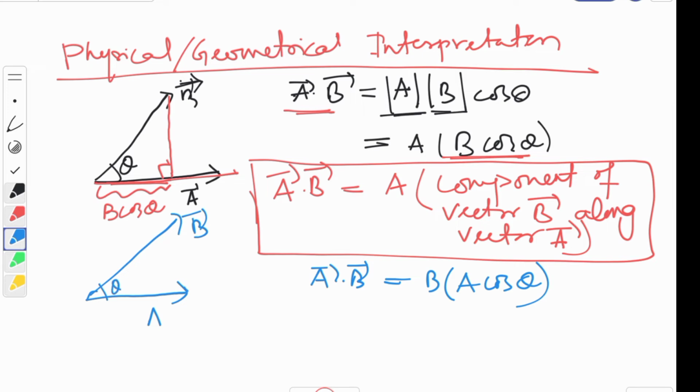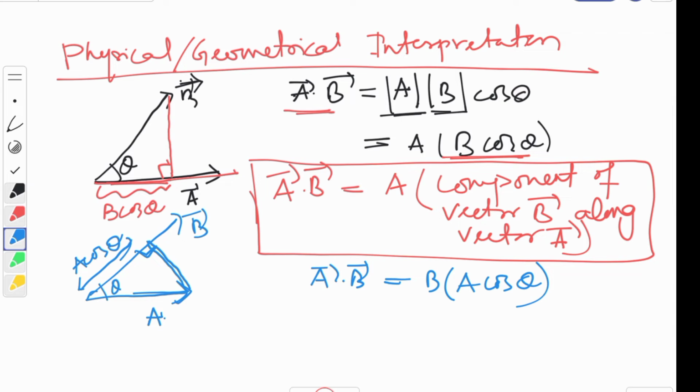I'll draw the perpendicular from here onto B. So what is this value now? This will simply be A cos theta. That means this is the projection of vector A on B, or the shadow of vector A on B, or the component of vector A along B.